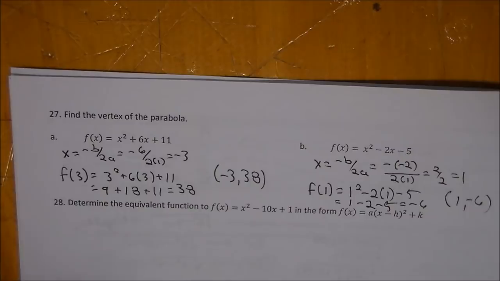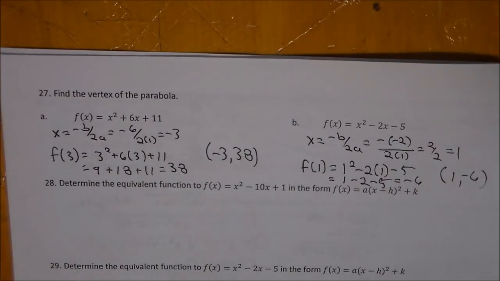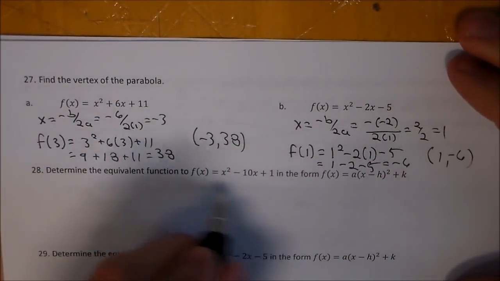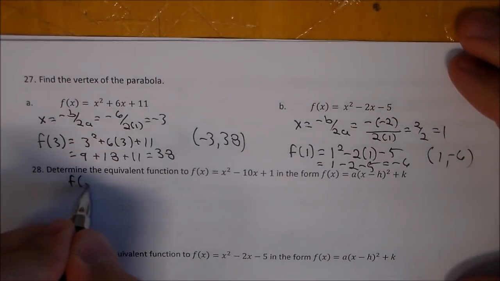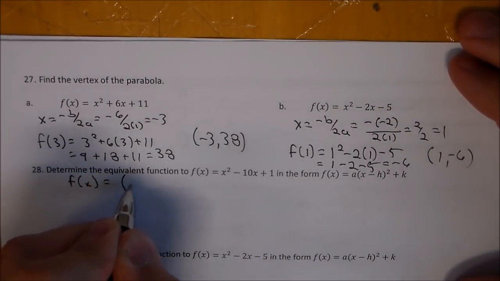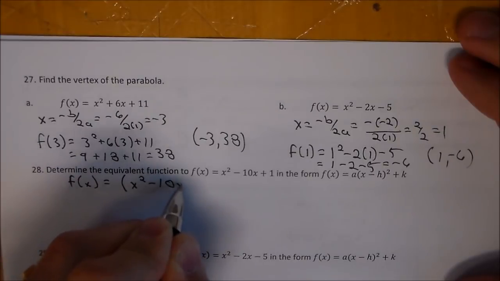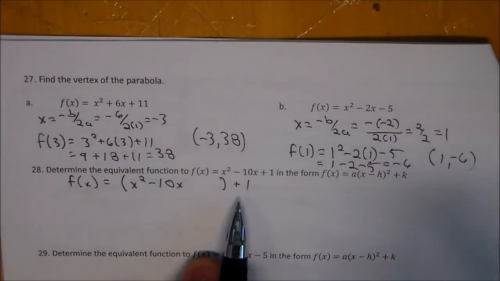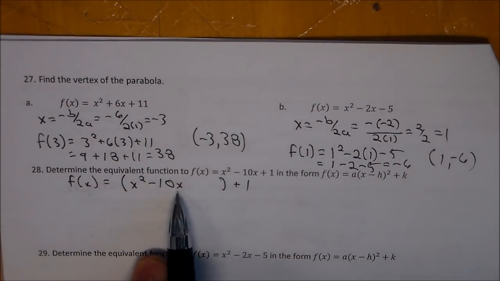For 28, we need to determine the equivalent function of taking a standard form and writing it in vertex form. For this, we need to complete the square. So I'm going to write this one as f of x equals x squared minus 10x in parentheses, and then put a 1 on the outside. So this doesn't work for factoring, so we move the 1 out. I'm going to make this work for completing the square. So we talked about this a couple problems ago.